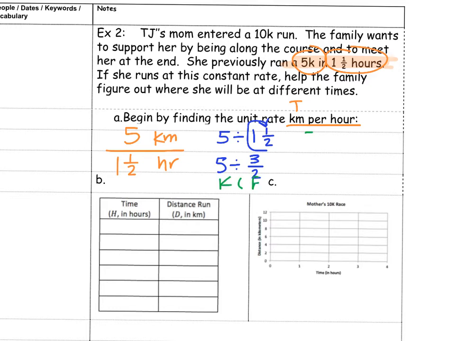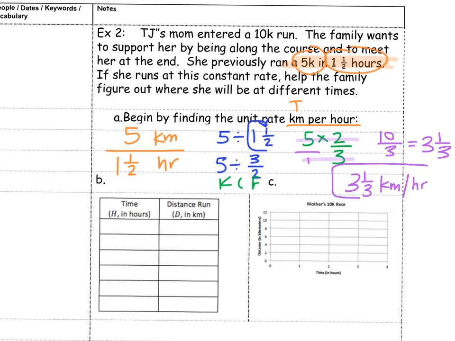KCF, 5 times 2/3. And because my 5 is not a fraction, I can put it over 1. And then we just multiply straight across. I get 10/3, which is the same as 3 1/3. So her unit rate is 3 1/3 kilometers per hour.